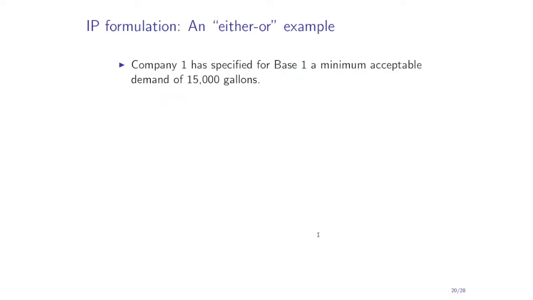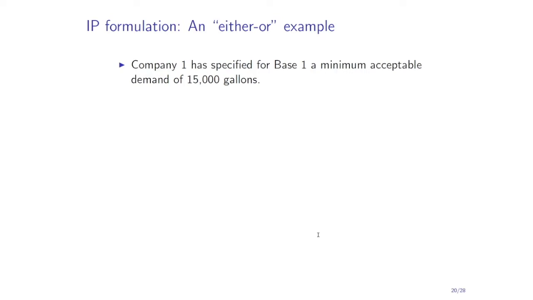The first condition is that company 1 has specified that the minimum acceptable demand, or minimum acceptable order, for base 1 is 15,000 gallons. What does it mean? It means that two cases might happen.